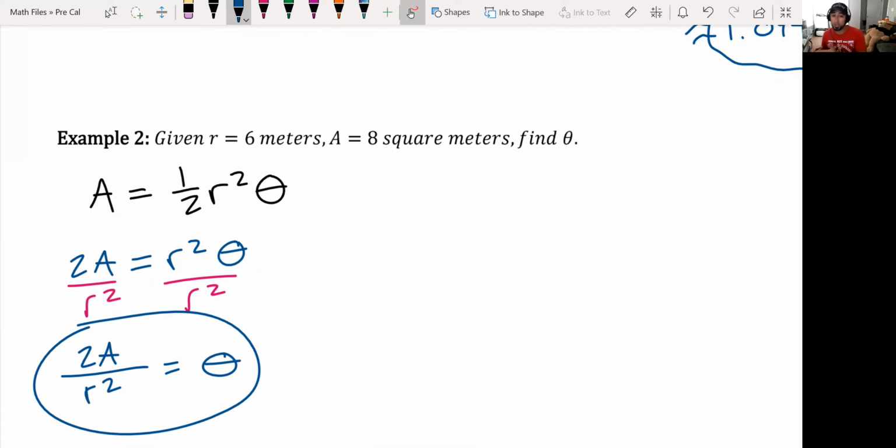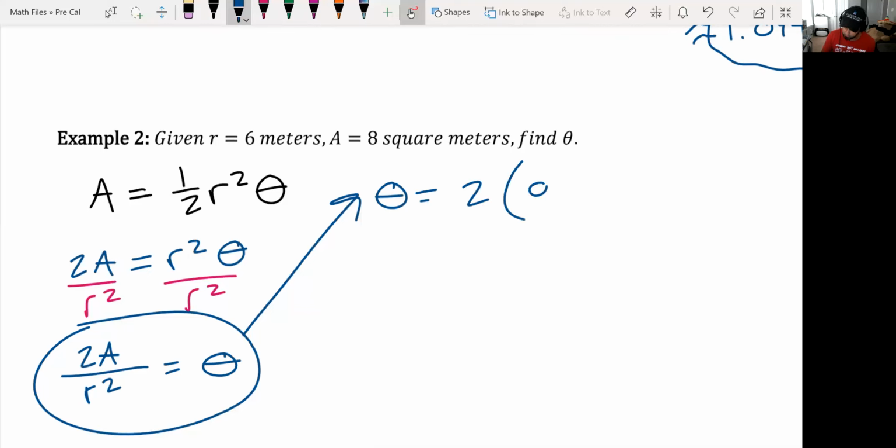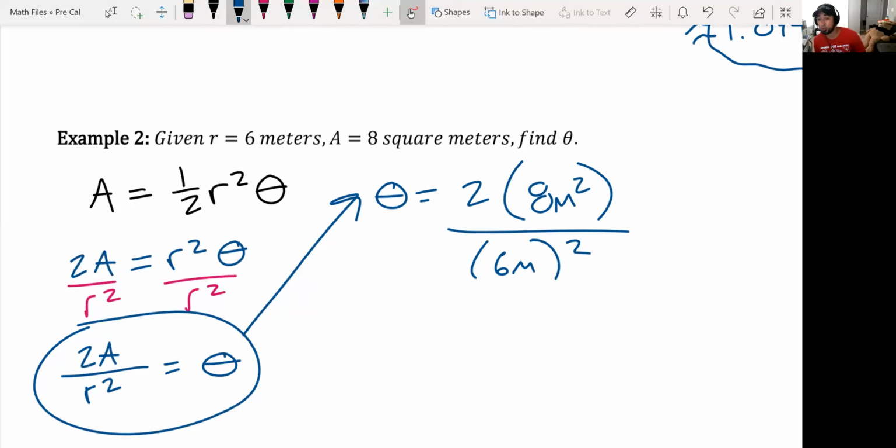So now you have an equation that helps you solve for theta by itself. So plug in the numbers that we need. We know the area, it's given. We know the radius, that's given. So this means that theta will be 2 times 8 square meters over 6 meters squared.